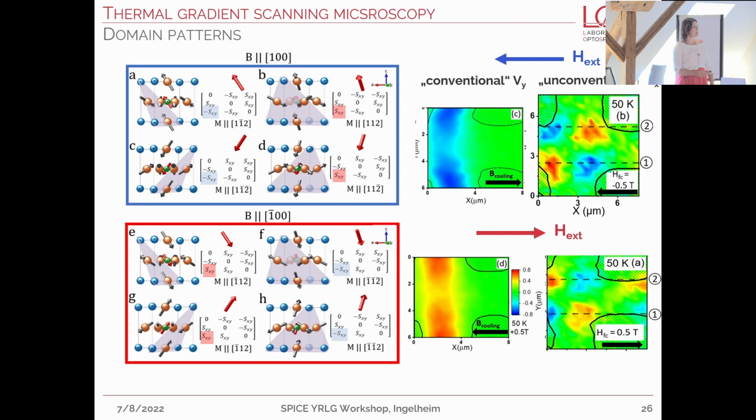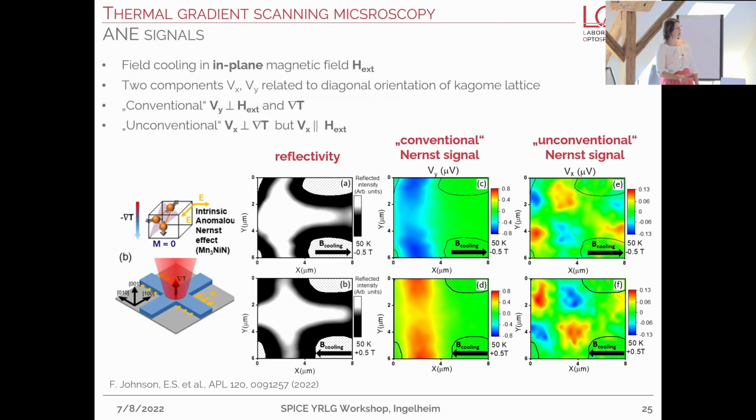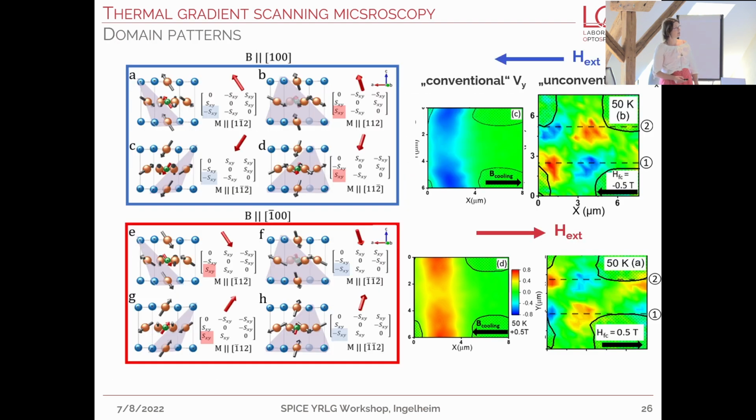And you see, this unconventional Nernst response allowed us to determine which kind of magnetic domains we are actually having in this type of structure. Because from the conventional, for two directions of external magnetic field, we found out that we get two groups of magnetic symmetries.